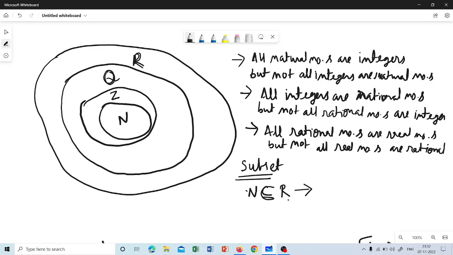All natural numbers are already present in the set of real numbers, are part of the set. So subset. Similarly I can write that natural numbers are also a subset of integers, right? Because in the set of integers, natural numbers are also part. So subset is represented by this extended C symbol.